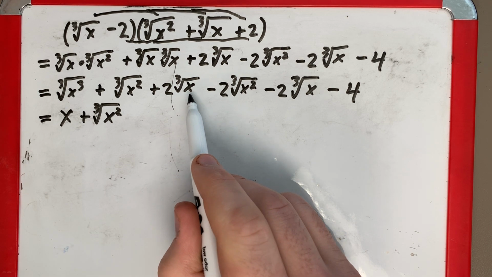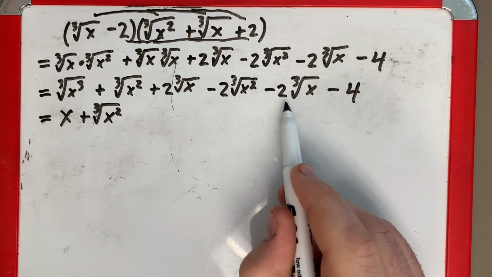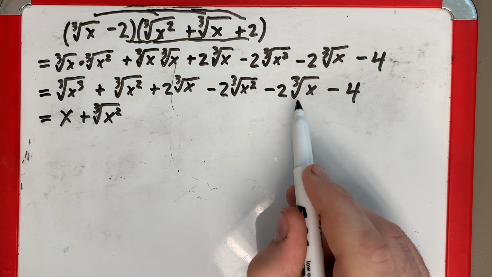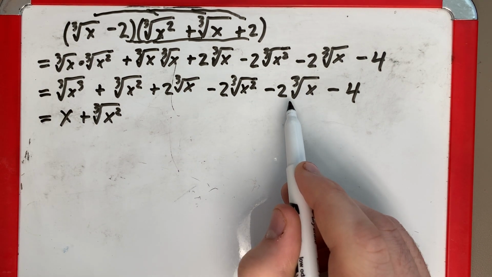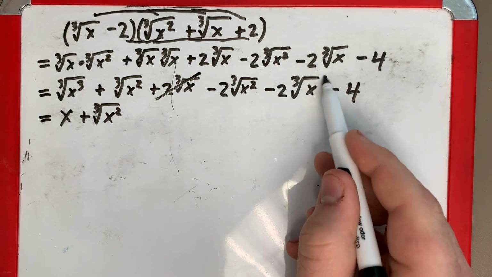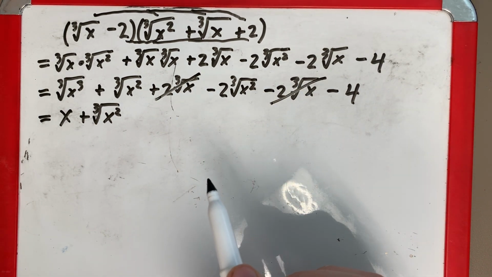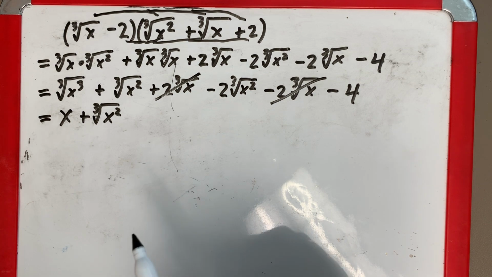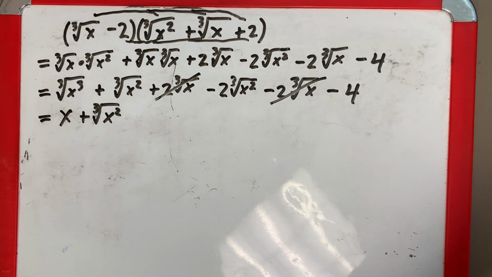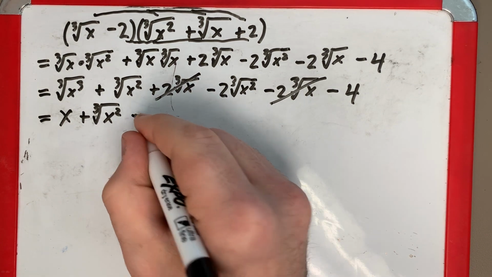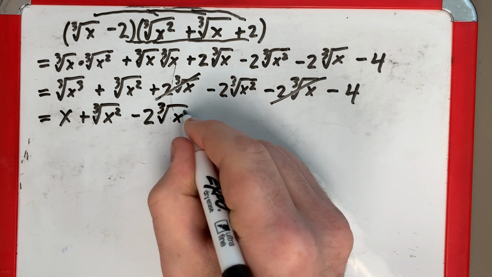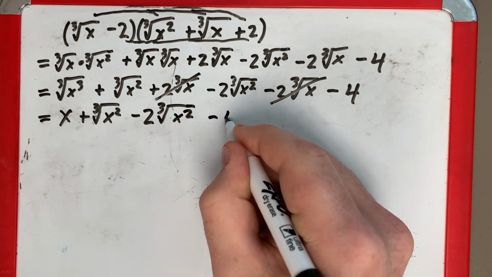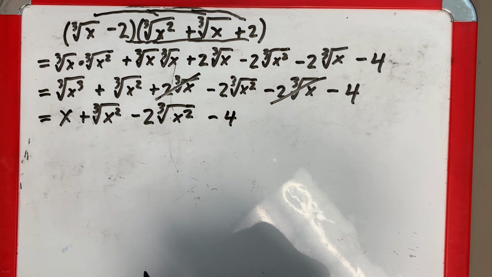I have 2 cube root of x and then minus 2 cube root of x. So these cancel out. Always be on the lookout for things that can cancel when you add them together. That'll simplify your work very quickly if you can do that. So these guys went away. Don't have any of that to work with. So minus 2 cube root of x squared. And then we have a minus 4 here at the end, just tagging along.